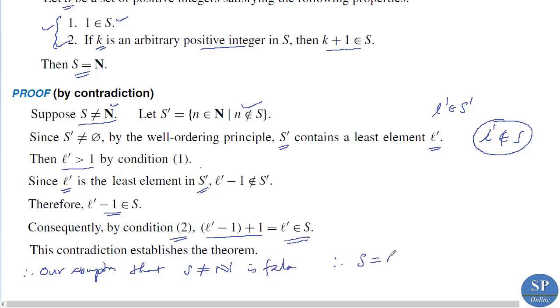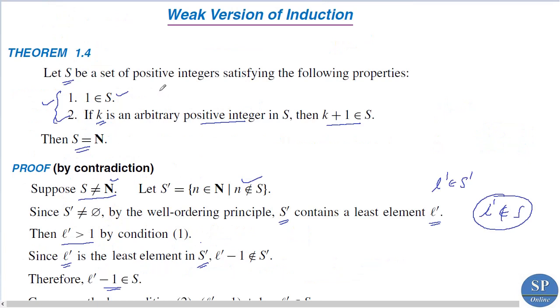Therefore, S is equal to N. So this theorem says that if S is a set of positive integers that satisfy these two conditions, that is, first condition is 1 belongs to S and second condition is if K is an arbitrary positive integer in S, then K plus 1 also belongs to S, then S is equal to N, the set of natural numbers.